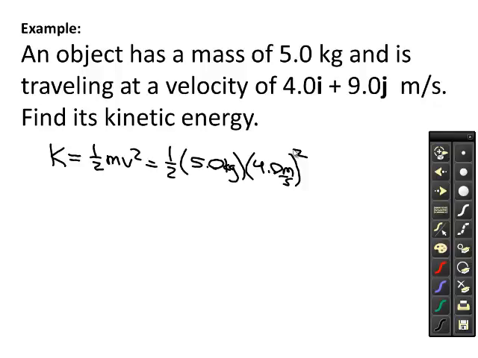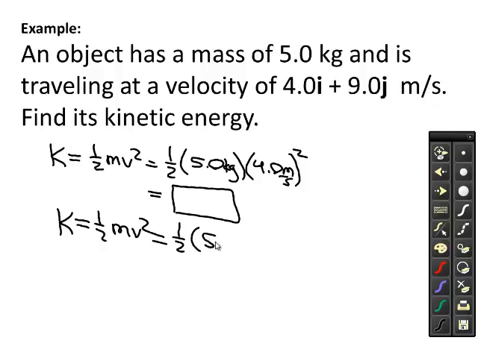We could then calculate that answer and then do it for the other axis. So on the y-axis, we can calculate this to be 1/2 mv squared, or 1/2 times 5 kilograms times 9 meters per second.